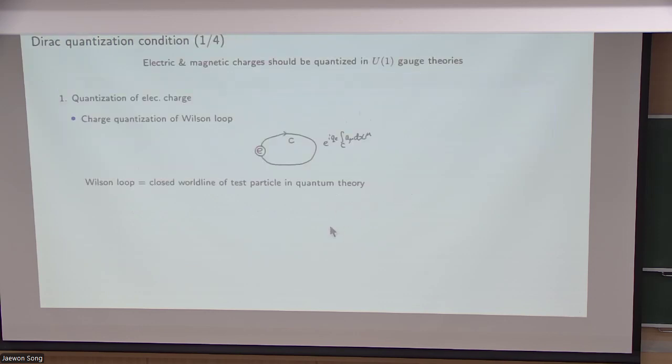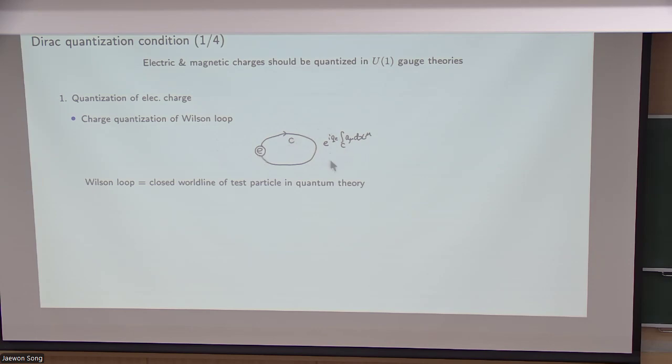The Dirac quantization condition states that the electric and magnetic charge should be quantized in U1 gauge theory. Let me explain the quantization of the electric charge. First, I'd like to explain the charge quantization of the Wilson loop. A Wilson loop is a closed world line of a test particle in quantum theory.